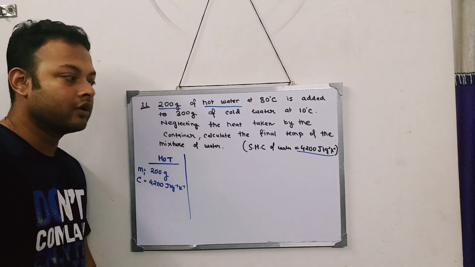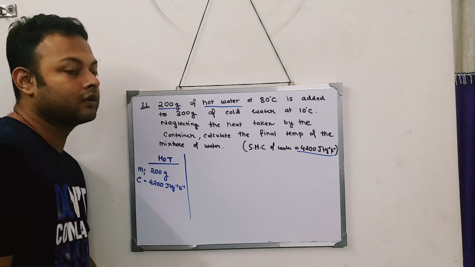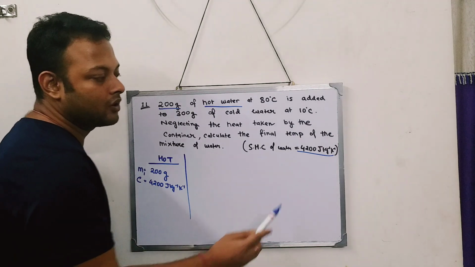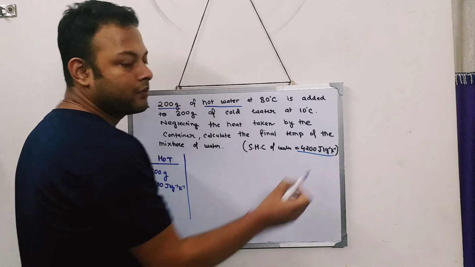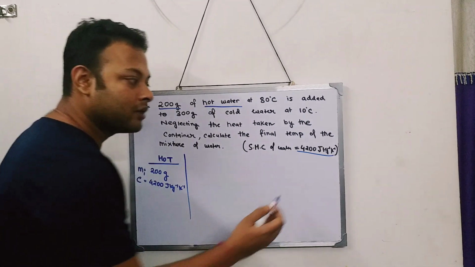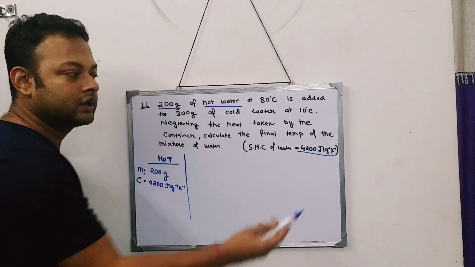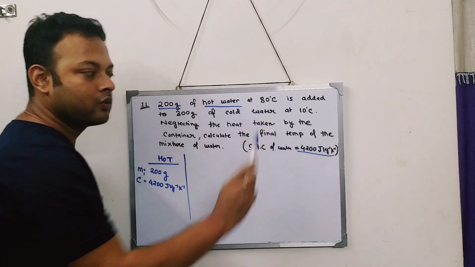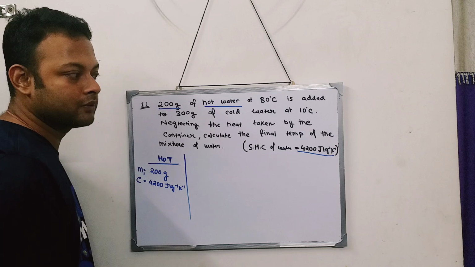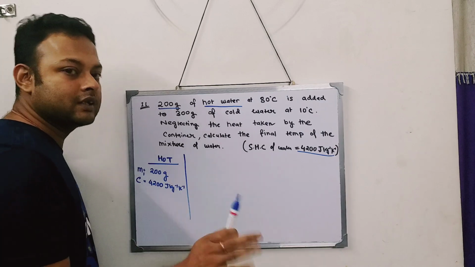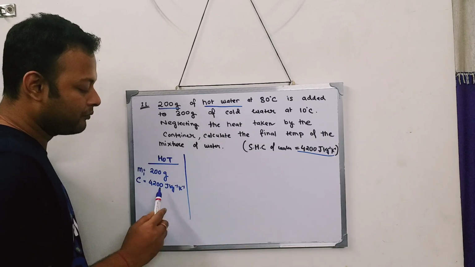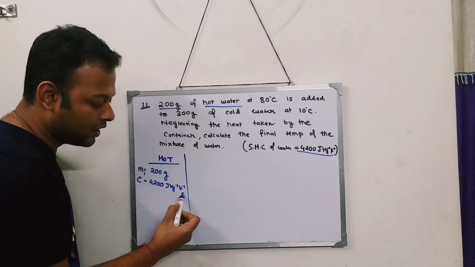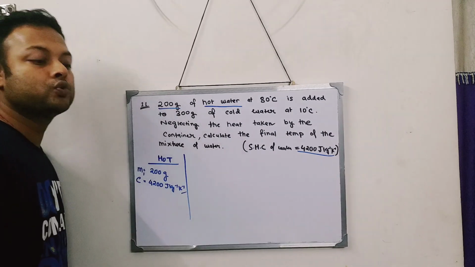According to the question, if the specific heat capacity of water is given in joule per kg per Kelvin, you are not supposed to change this value. You cannot take this value as 4.2. You have to change this 200 gram.